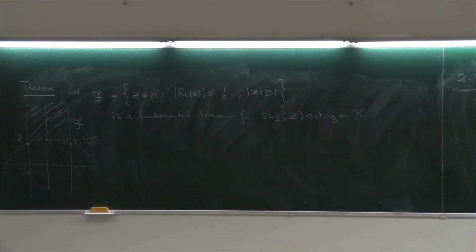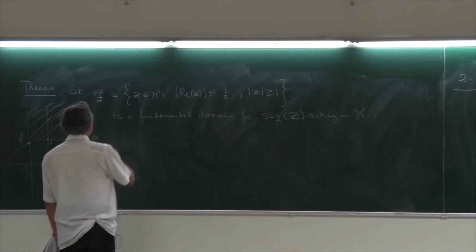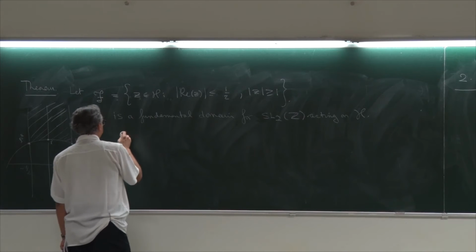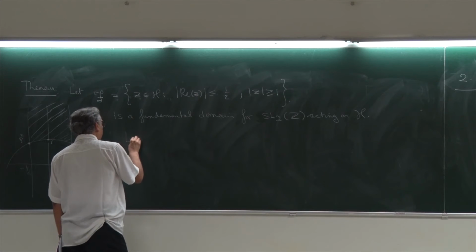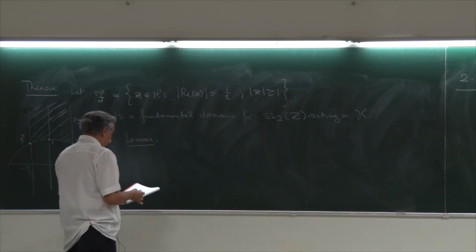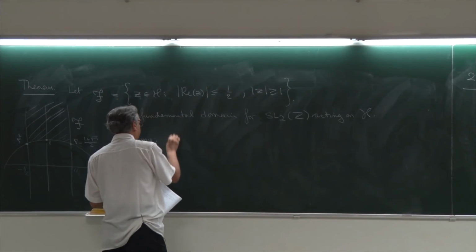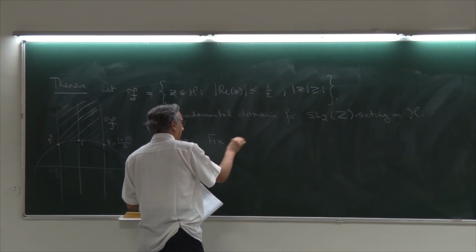So how do you prove this? I'd like to show that this is a fundamental domain. To prove this, we need a little lemma. And the lemma is: fix z in the upper half plane.